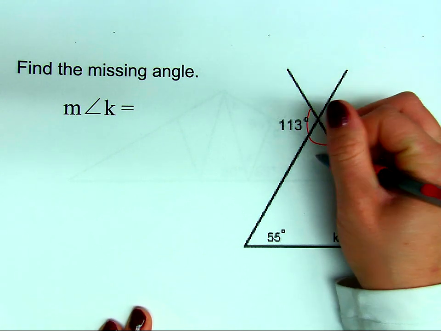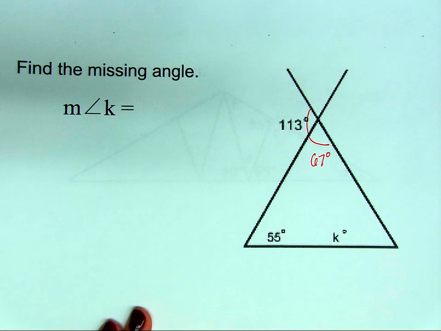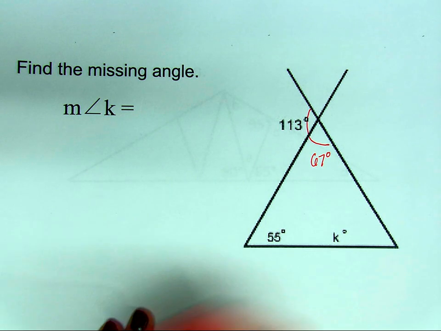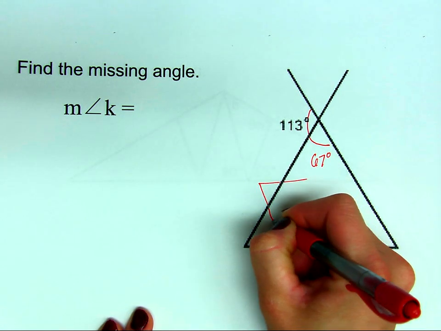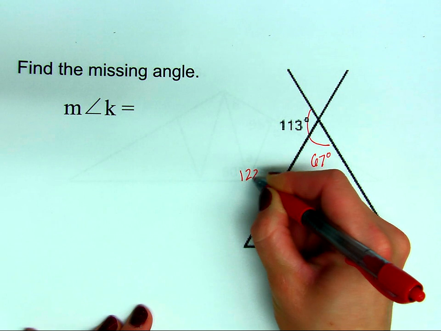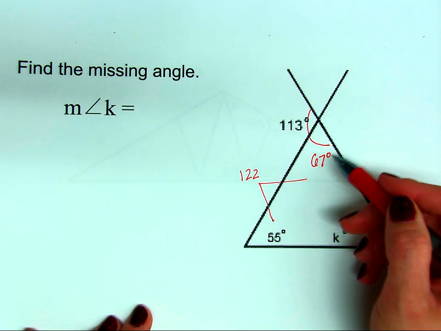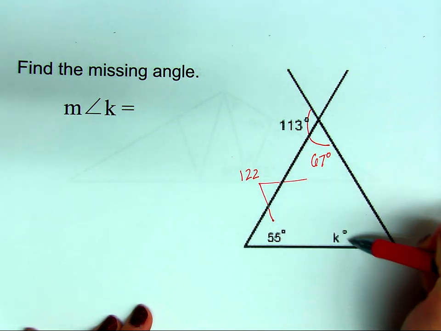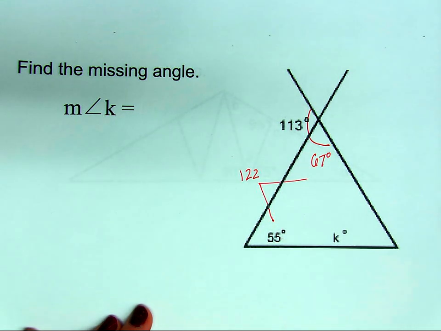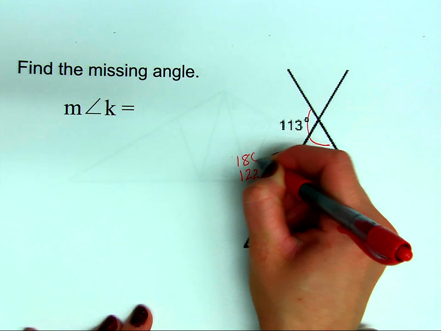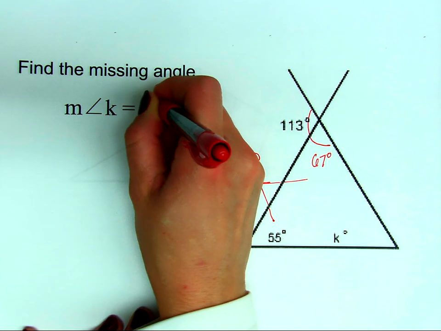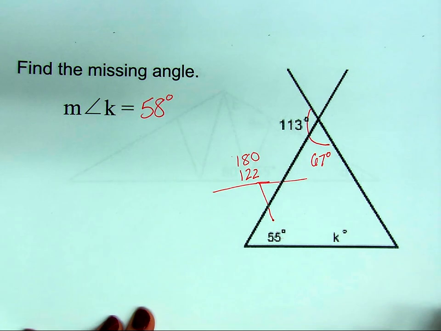When I subtract them, I find that this angle is 67 degrees. So 55 and 67 make 122 degrees. These three angles will make 180 because they are my three angles inside my triangle. When I subtract those, I find that K is 58 degrees.